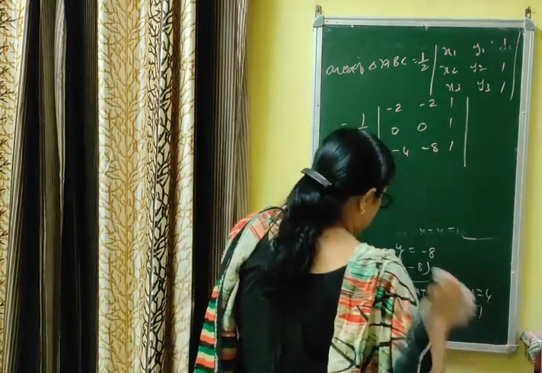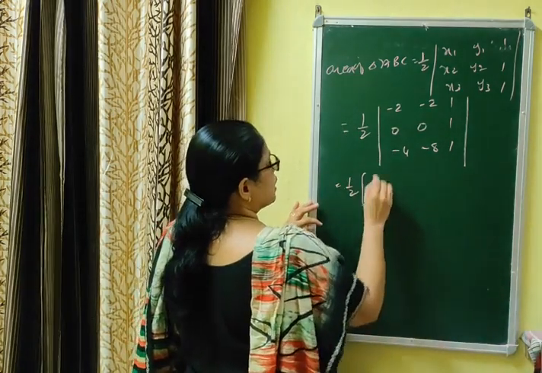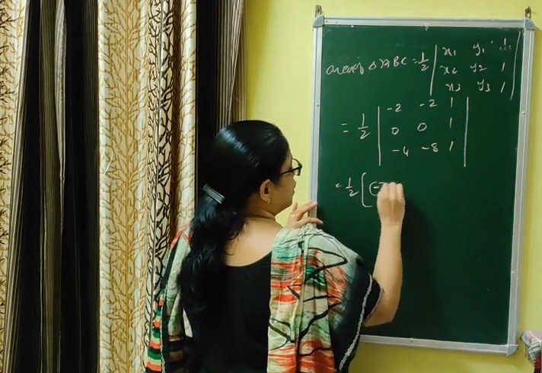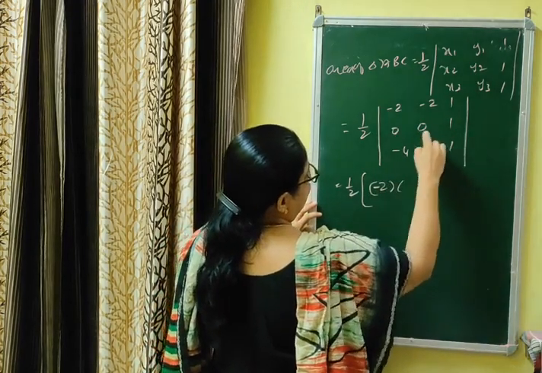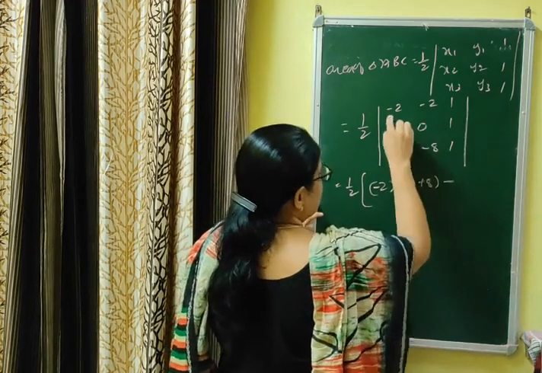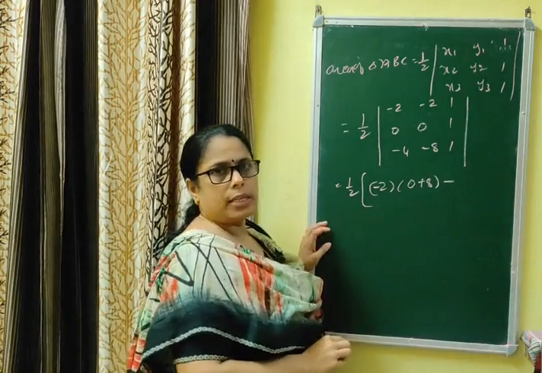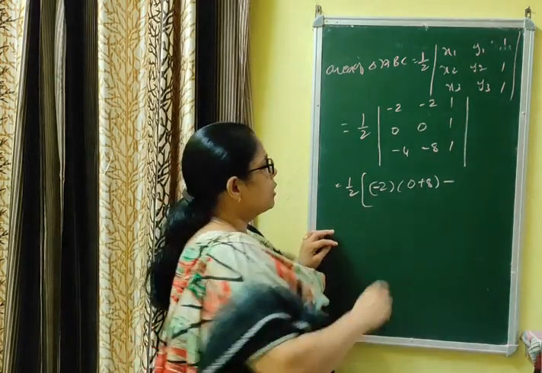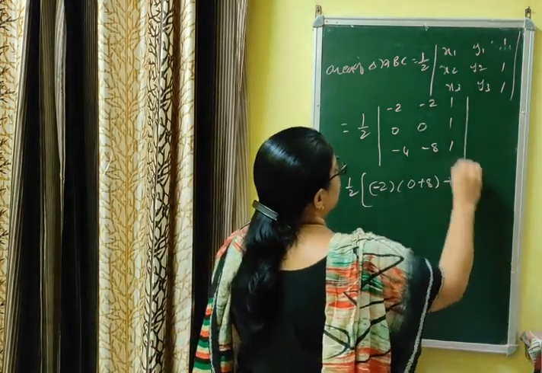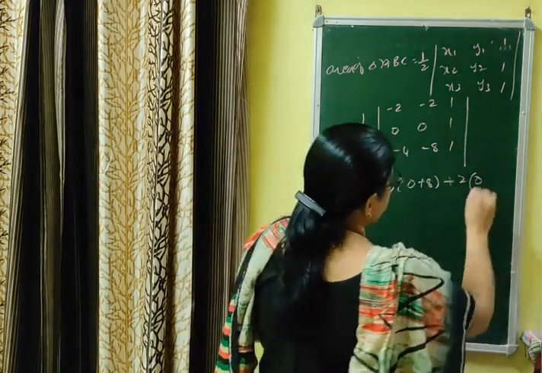Now like as I told you, we can open it. Half into, first क्या लेना है minus 2 लेना है, minus 2 into upward minus downward. 0 minus minus 8, that is 0 plus 8. First plus, second minus, third plus. This is the concept of opening a determinant that you will study in class 12. That is minus minus plus 2. Again replacing, 0 plus 4.